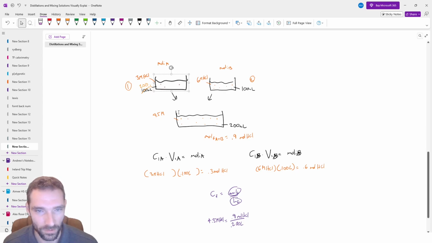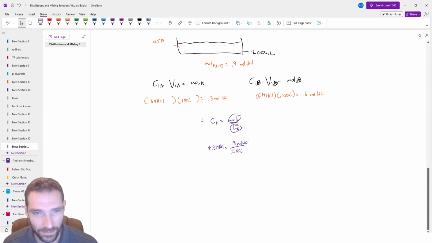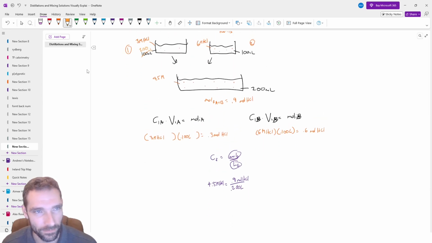So you've got more solution here, and it's going to be similar in the math, but slightly different. So if this is now 0.200, this is now 0.6 moles of HCl being added to 0.3. So we're getting 0.9 moles of HCl.